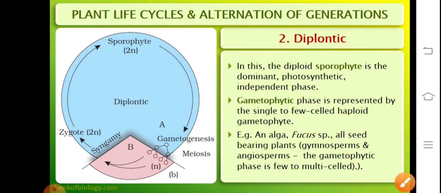The gametophyte is shown with a pink coloration, and as we can see in the pictorial representation, it is very much reduced, because here the plants have shifted to the terrestrial habitat. The gametophyte gets reduced drastically. Here the diplontic life cycle includes the seed-bearing plants like gymnosperms and angiosperms. But also some algae like Fucus exhibit the diplontic life cycle.